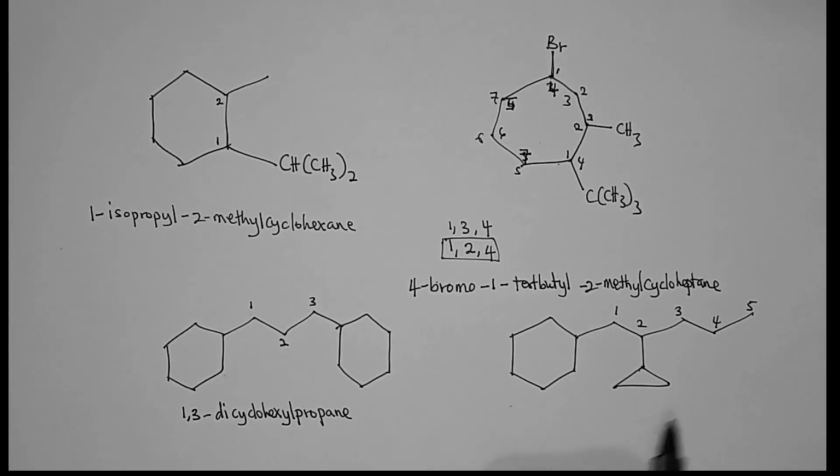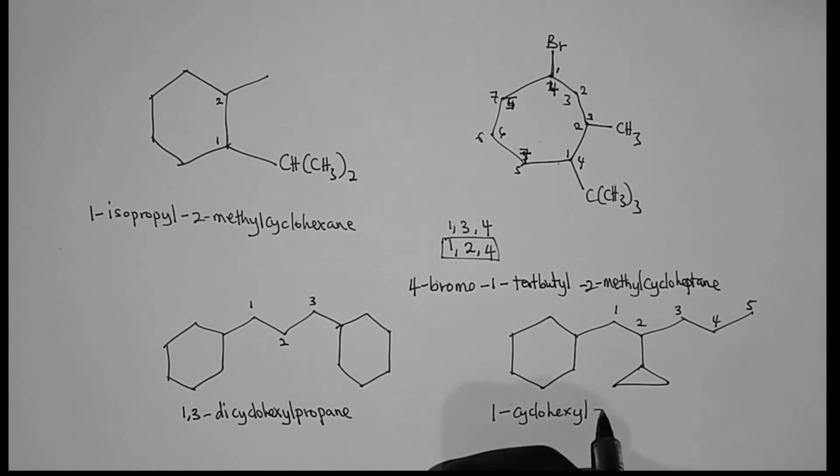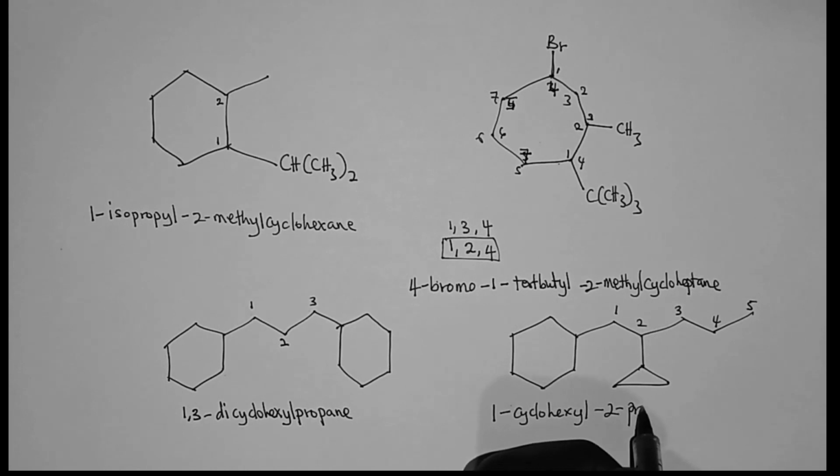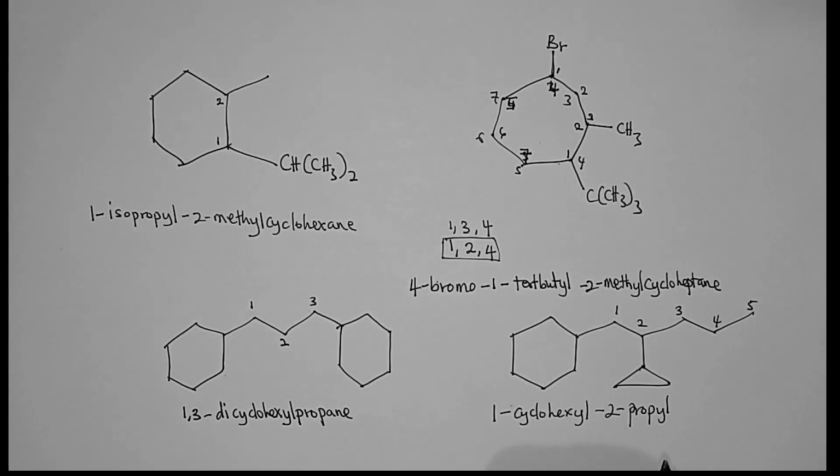So the name of this compound becomes, because a hexyl comes first before a propyl, 1-cyclohexyl, then 2-cyclopropyl, then the parent name is made up of 5 carbons, so that is a pentene. So the name is 1-cyclohexyl-2-cyclopropyl pentene.